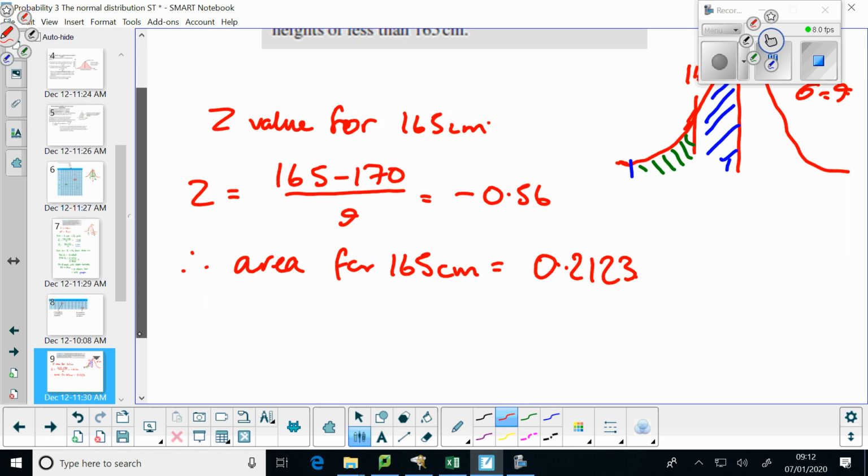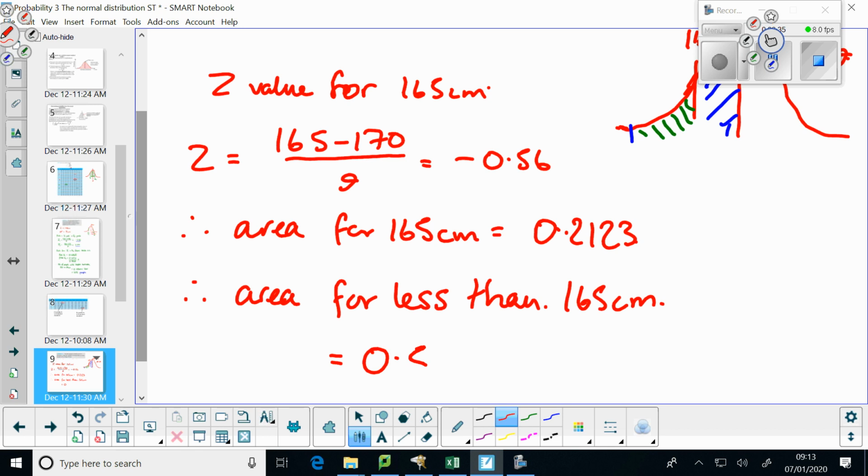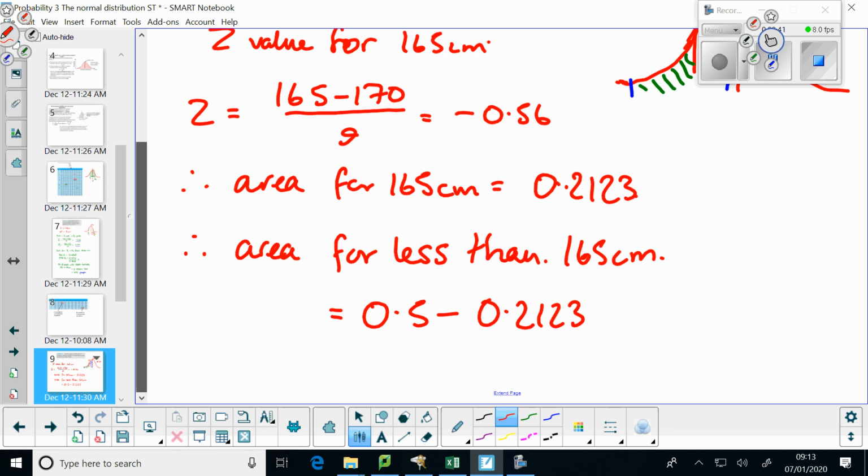So we can now say 0.5 minus 0.2123 equals 0.2877.